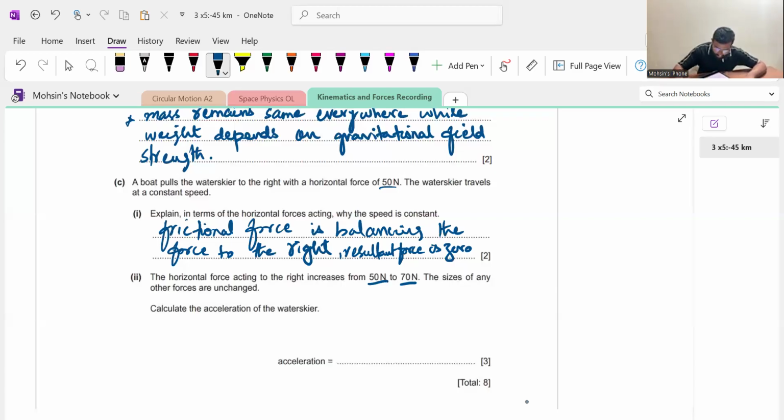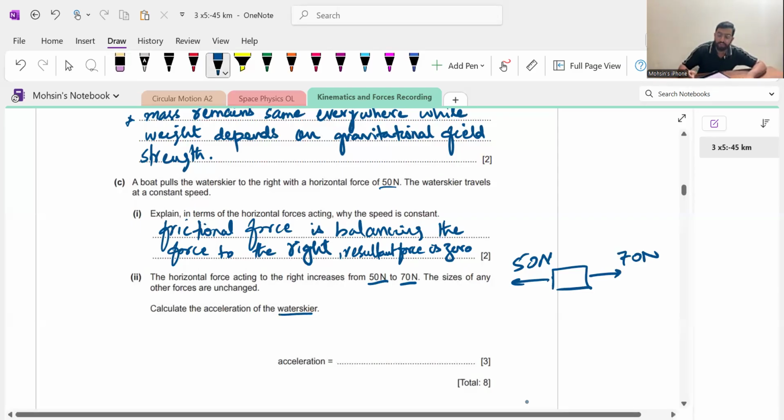The sizes of any other forces are unchanged. Calculate the acceleration of the water skier. Okay, at 50, both the forces were equal and the resultant force was zero. But now it is not 50, it is 70. So the resultant force is 70 minus 50, which is 20.